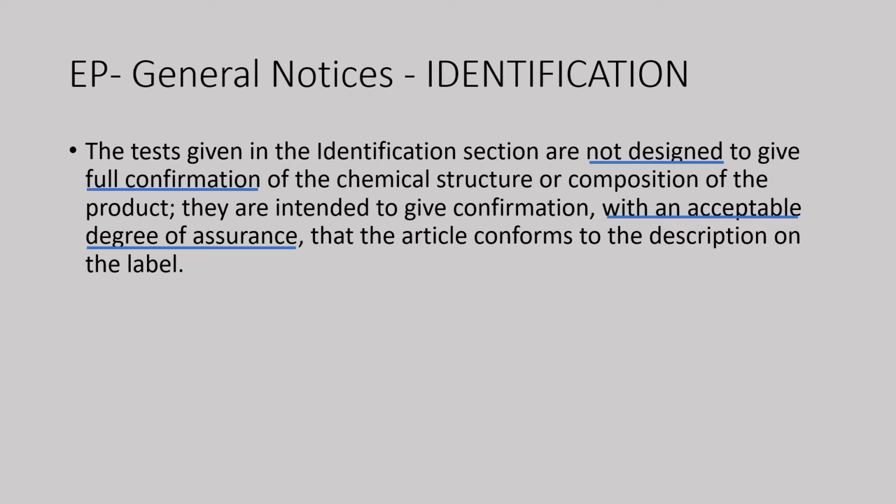It says that the identification test is not designed to give full identification of the article. It provides a basic clue about the identity of the article. But there is a catch statement, with an acceptable degree of assurance. Though the complete picture of the article is not known, it should lead to a firm conclusion on the identity of the article.